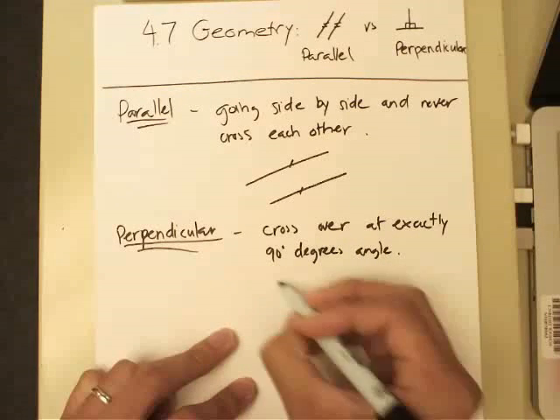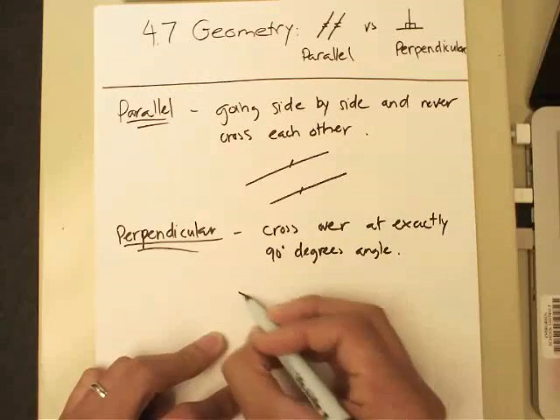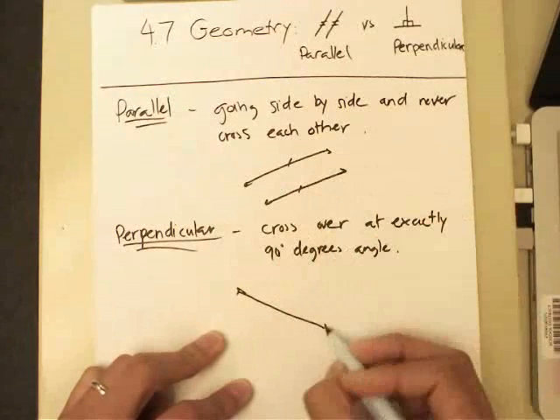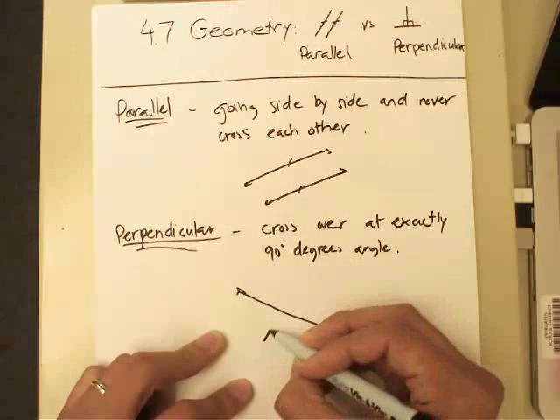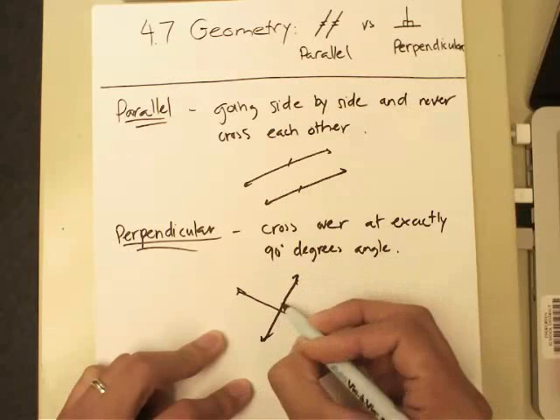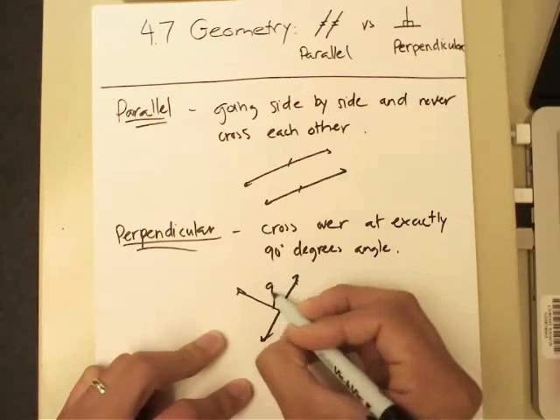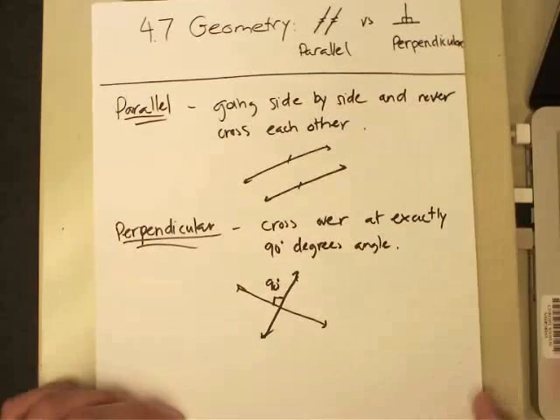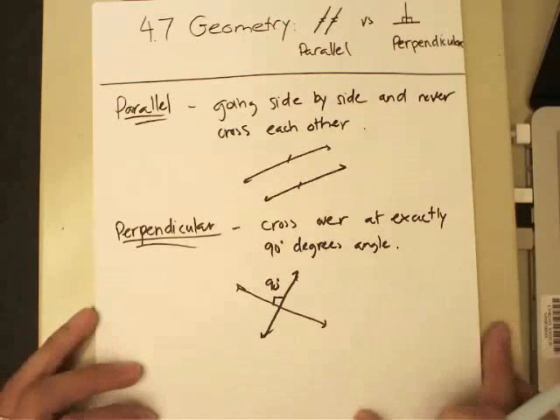Okay, so when you draw something like that, you say one line, you just go and fill it in, and the other line has to cross through it at exactly 90 degrees. Okay, this is what we call perpendicular lines.